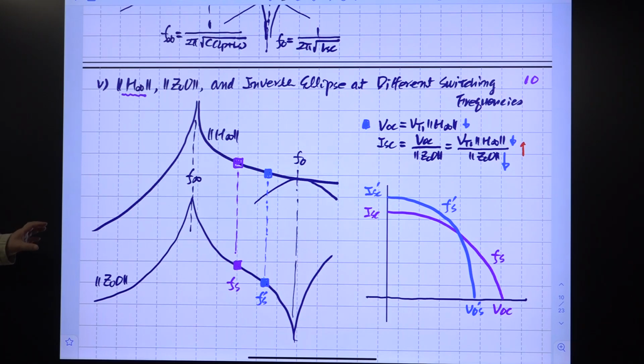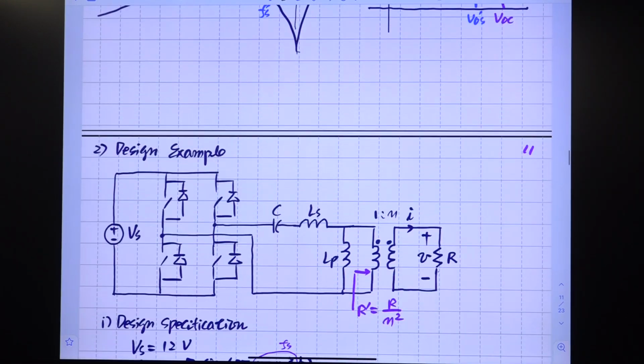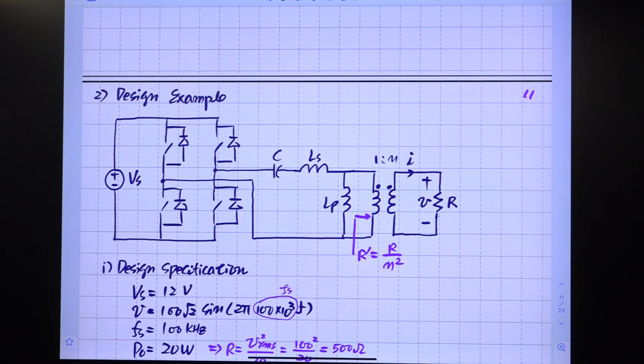The behavior of this resonant tank is not easy to fully comprehend because everything depends on everything else in a strange, nonlinear fashion. That makes the design and analysis of this resonant inverter or converter more complicated. So this is the story about the sinusoidal analysis of the LCC resonant converter.